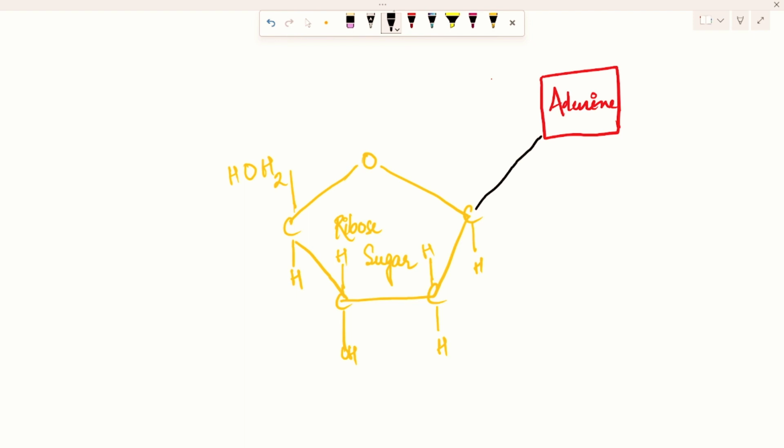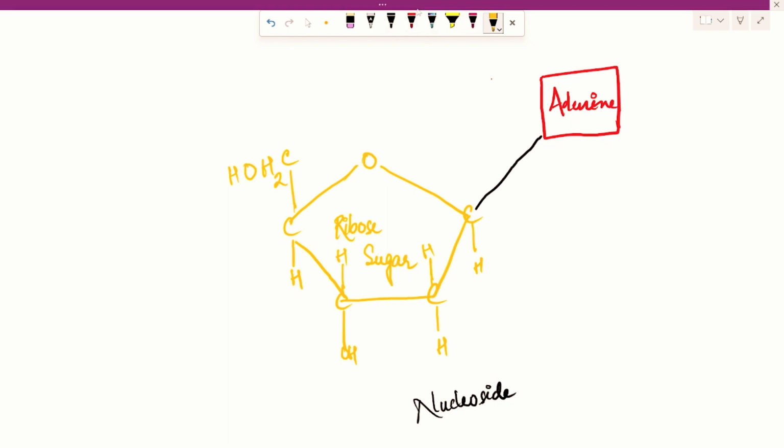When the adenine forms a bond with the ribose sugar, at the C1 or first carbon of the ribose sugar, this is referred to as a nucleoside.